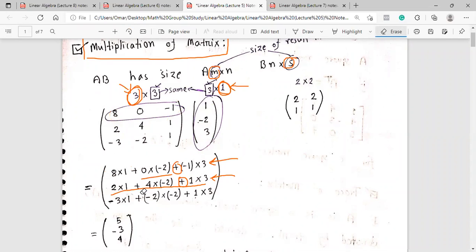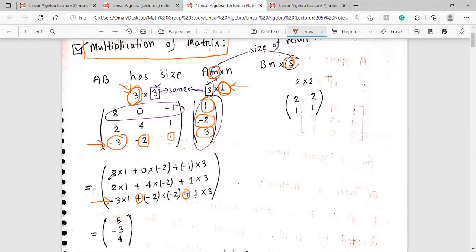So let me show you. So this is our third row, right? Now we multiply this first entry with this first entry, and this one with this one, and this one with this one, and we use a plus sign in between them. So this is the result of the third row.